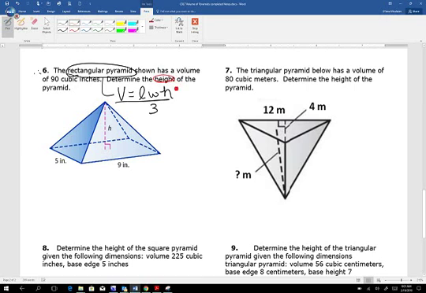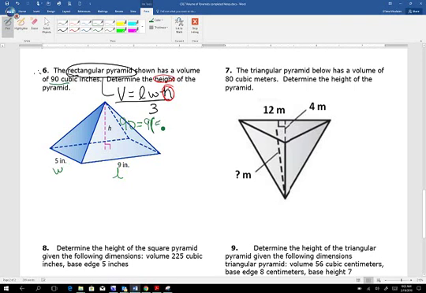It does appear that we will be looking for the height, so our variable that we're going to be finding is h. They give us the volume of 90 cubic inches. So where I see V in my formula, I'm going to write 90. The length, remember I always use the long side, so this is the length of 9.